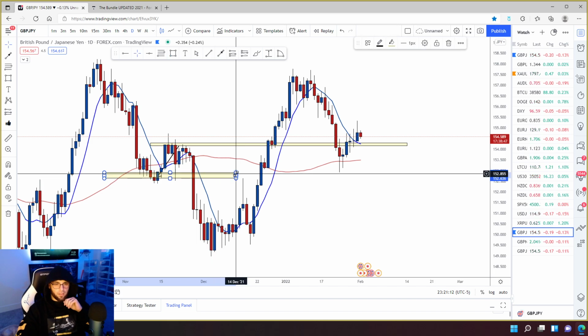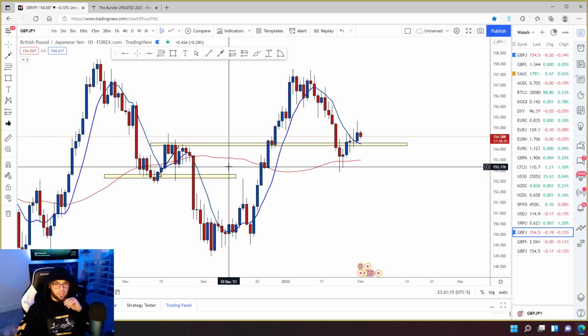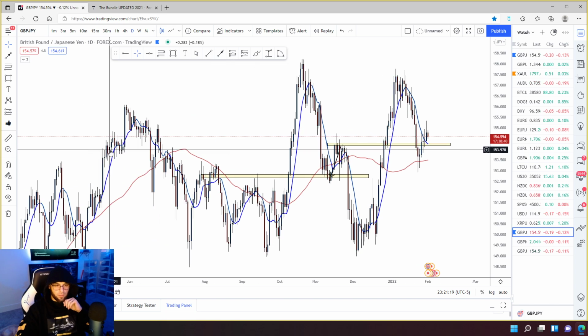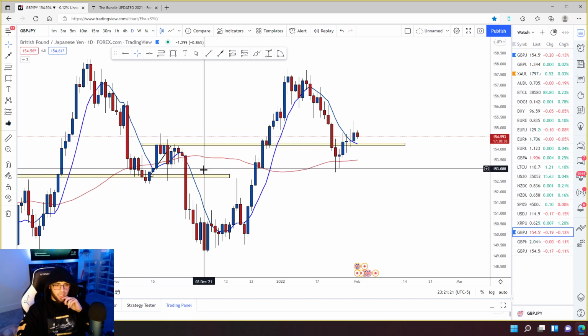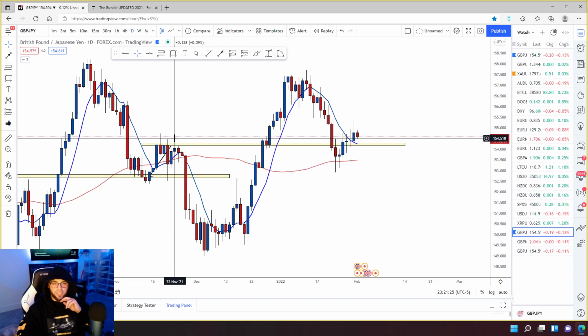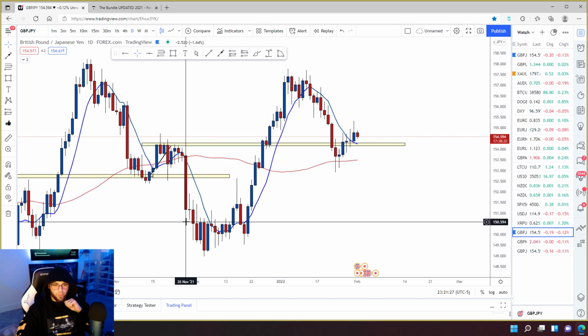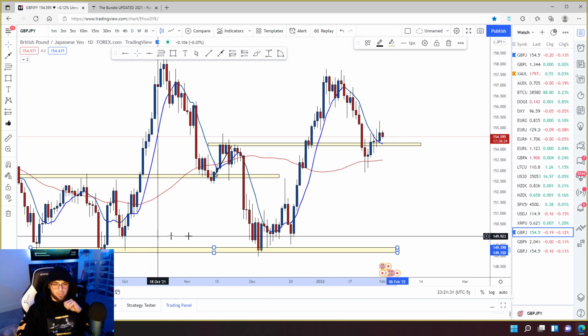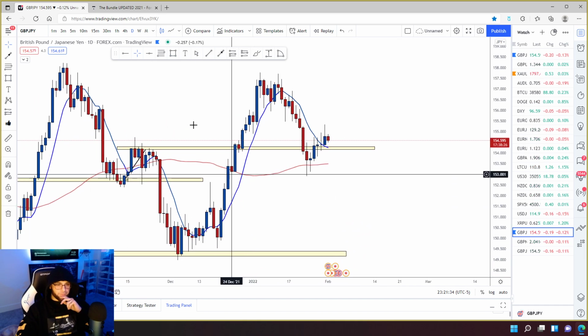Let's put that like here. And as you can see, it's a break and retest area as well. But anyways, price created resistance, created support, then resistance, and then price completely obliterated underneath, and then created more support at this major level of support, right?